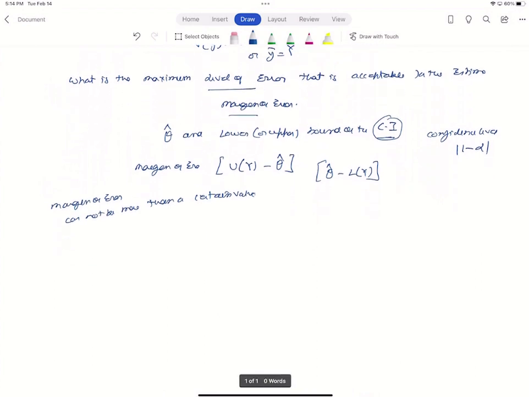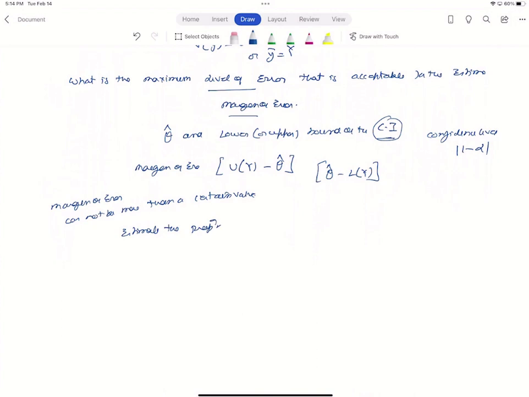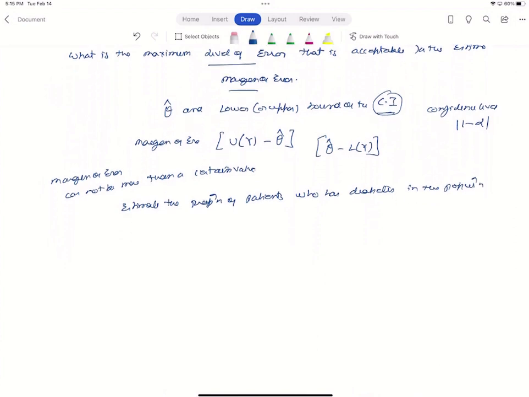So suppose we want to estimate the proportion of patients who have diabetes in the population, or say any disease. How do we do this?